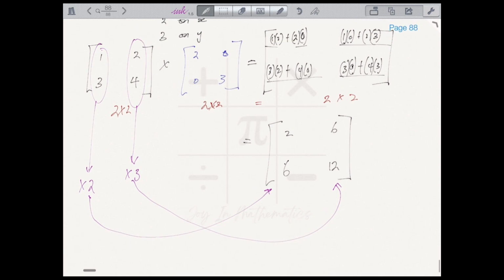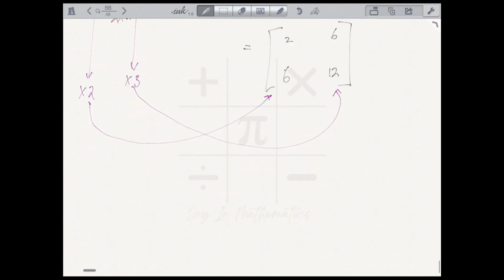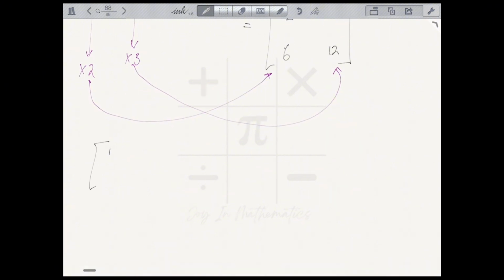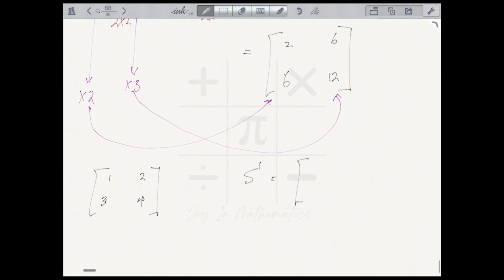Now we can see how amazingly important matrices are in scaling of a vector. Now we see that (1, 2), (3, 4) is the original matrix, and then the scaled matrix, let's say S prime, scaled by 2 units on the x and 3 units on the y, is this.